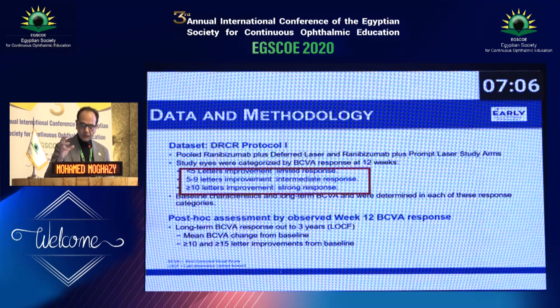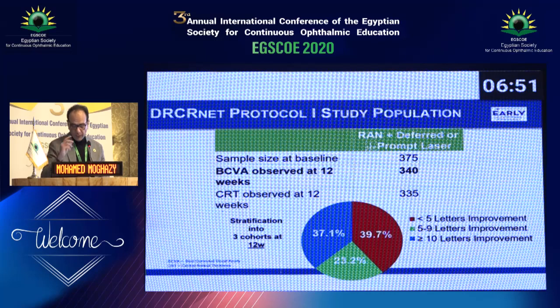So this Early Analysis Group took those patients with ranibizumab plus deferred laser and those with prompt laser, and they divided the response into limited response, intermediate response, and strong response. Actually, to my surprise, the majority of patients, 39.7%, did fall into the poor responders category, and only 37.1%, let's say one third of the patients, did show a good response, or more than 10 letters improvement.